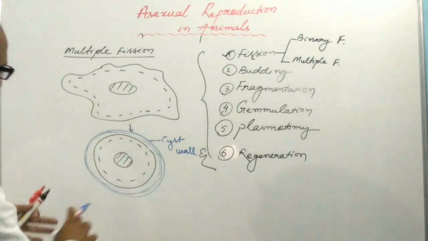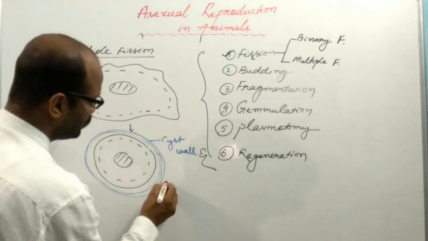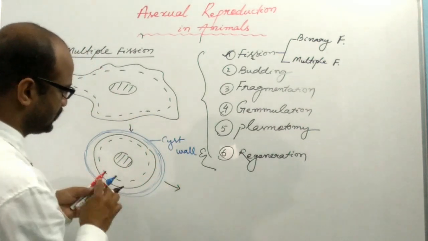So inside the cyst wall, the division of nucleus takes place.